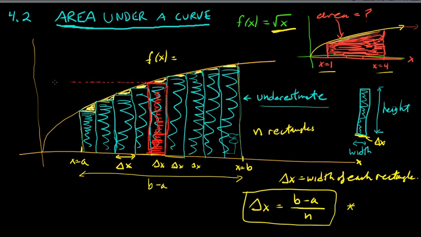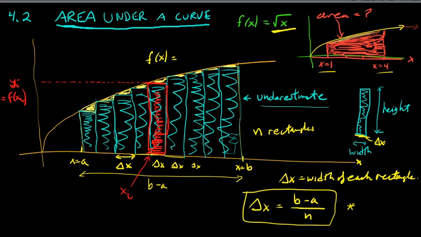If I go way over here, I have some y value, and I can calculate that by plugging in this particular x value. Let's call it x sub i. So if I plug x sub i into this function, I get, well, you can say y sub i, the y value for this particular rectangle.